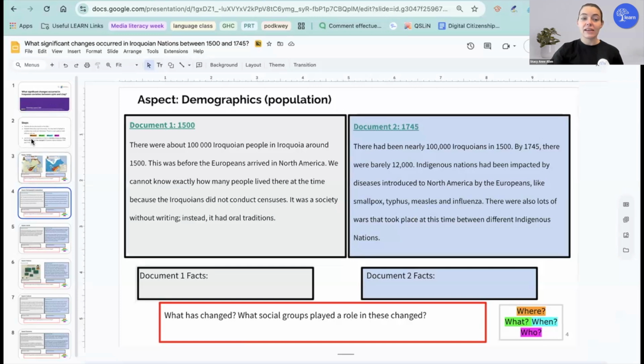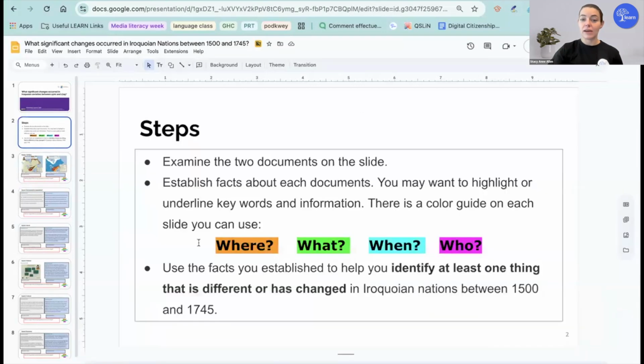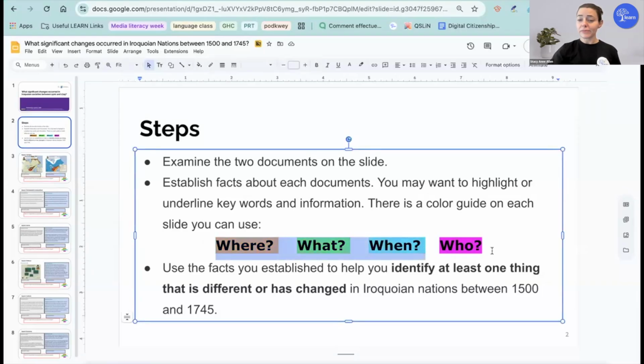You'll notice that each of these slide decks also comes with a bit of a color guide. So if this was projected on a smart board, or students were using their device, or maybe you're printing these documents out for students, they can color code them to help them identify and analyze the documents.